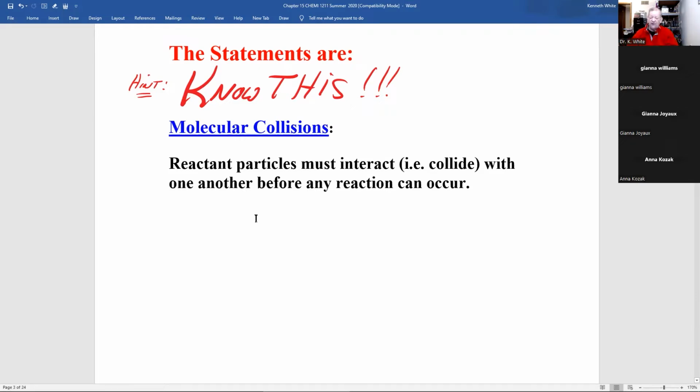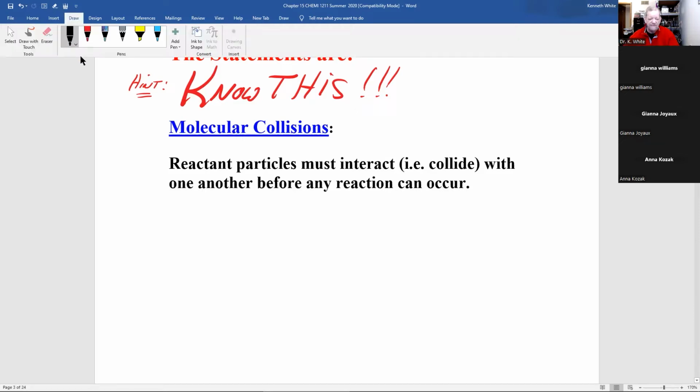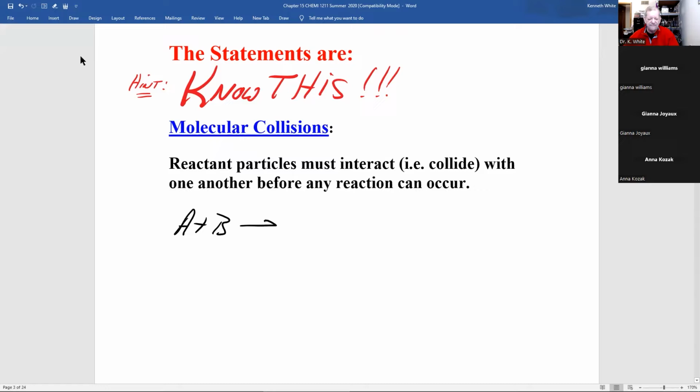So if I have a chemical reaction like this, remember A and B are the reactants, which a lot of times I'll call starting materials. And C is the product.